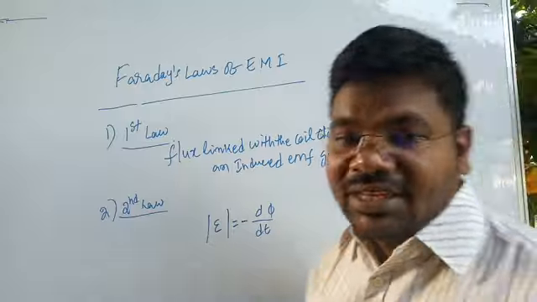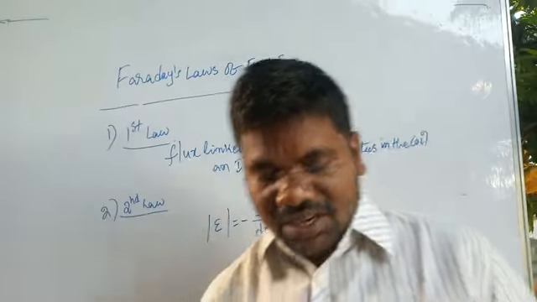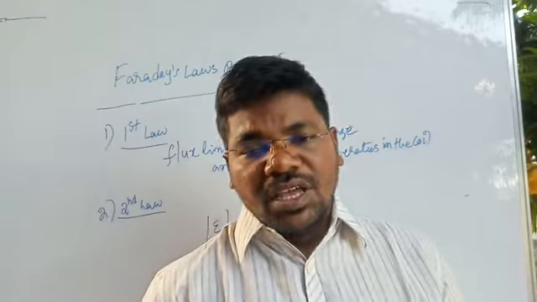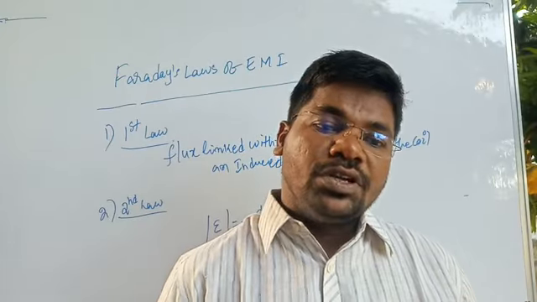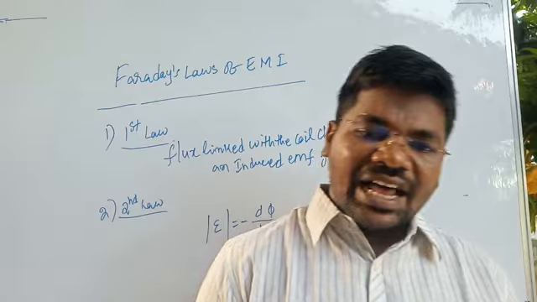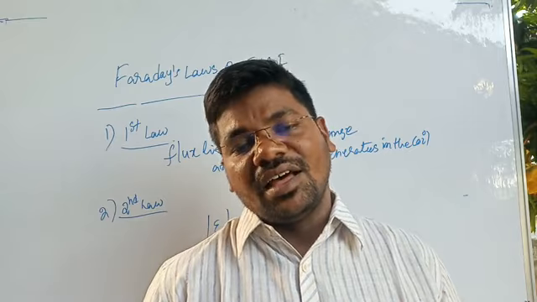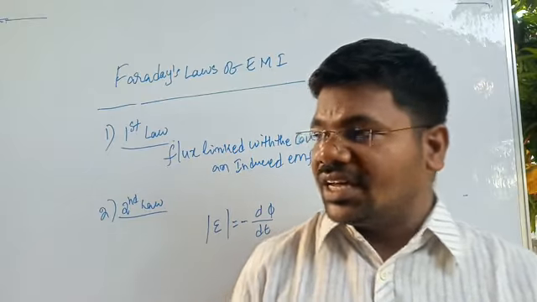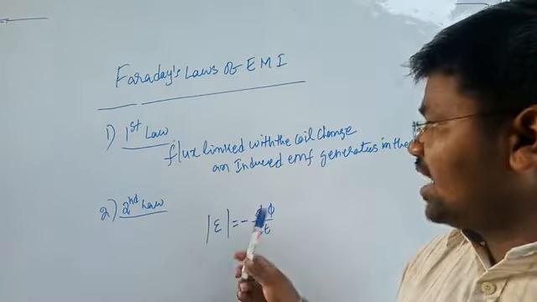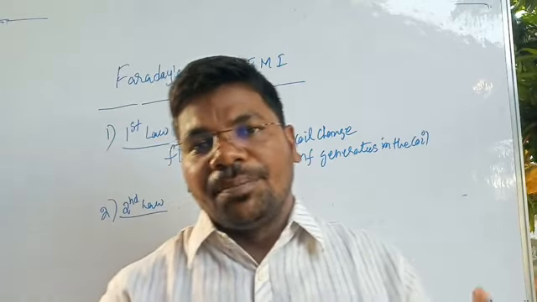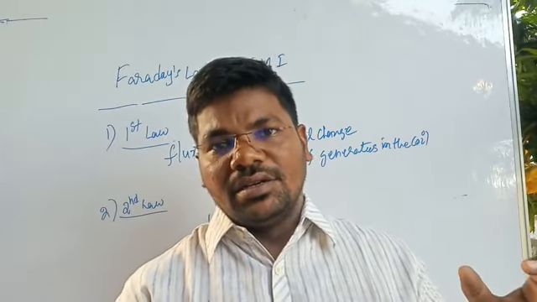Here the negative sign indicates that the induced EMF in the loop due to changing flux always opposes the change in the magnetic flux. So consider a magnet and coil.